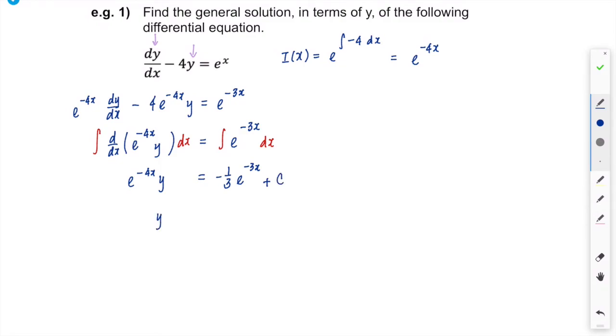So now we can isolate y by dividing both sides by e to the power of negative 4x. I have e to the power of negative 3x divided by e to the power of negative 4x. So you're adding 4 to negative 3. This is e to the x, okay? Plus c e to the positive 4x. And this is the general solution.